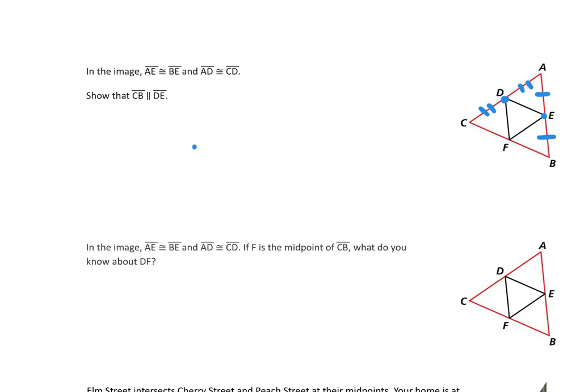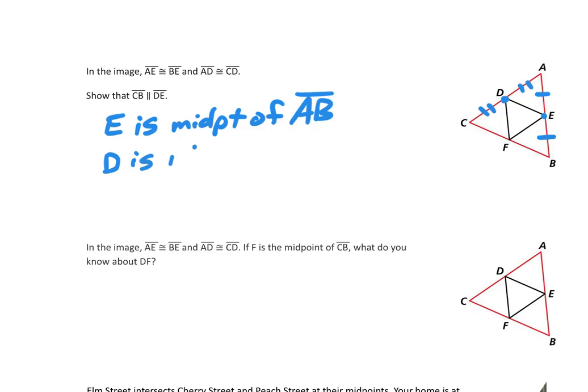First thing we know, E is the midpoint of AB. The other thing that we already talked about, D is the midpoint of AC.